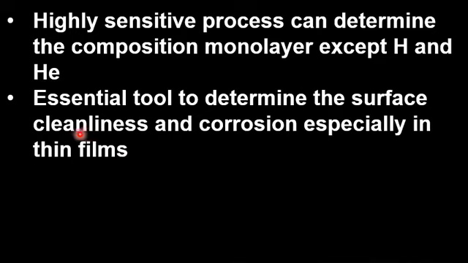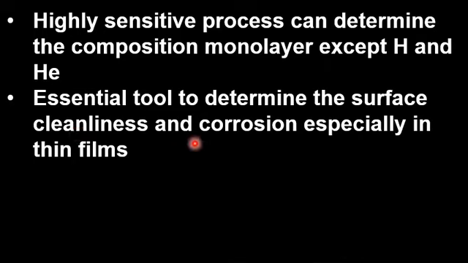These impurities may be present on the surface of the material. Auger electron spectroscopy tells us how much of the surface of our sample is clean, and the ratio of cleanliness of our sample. The profile will tell us if any kind of impurities are present on the surface, and on the basis of that profile we can clean the surface of our material.